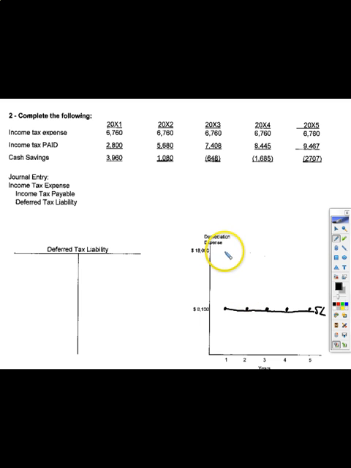Now for the double declining balance in year 1, it was way up here at 18,000, and then year 2, something like 10,800. And then year 3, 6,480 here, and then 3,881 in year 4, and year 5, 1,332.